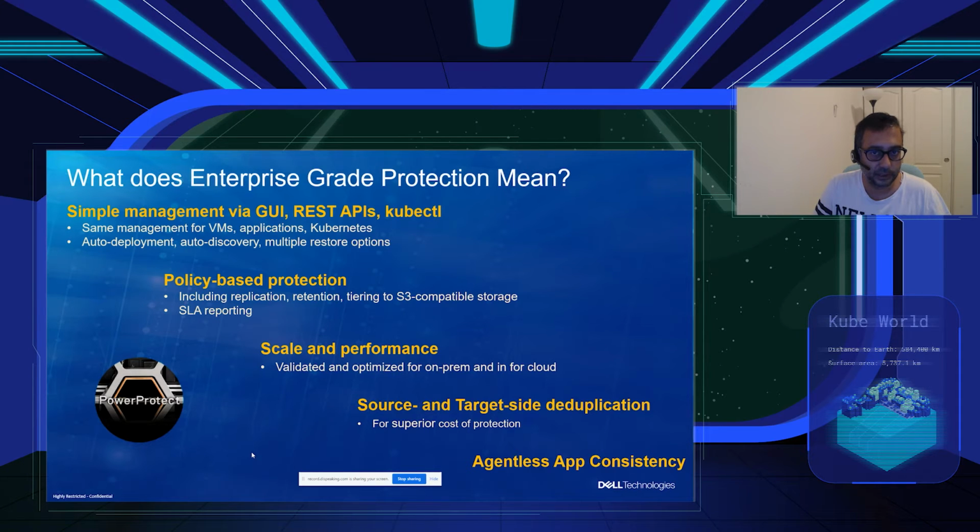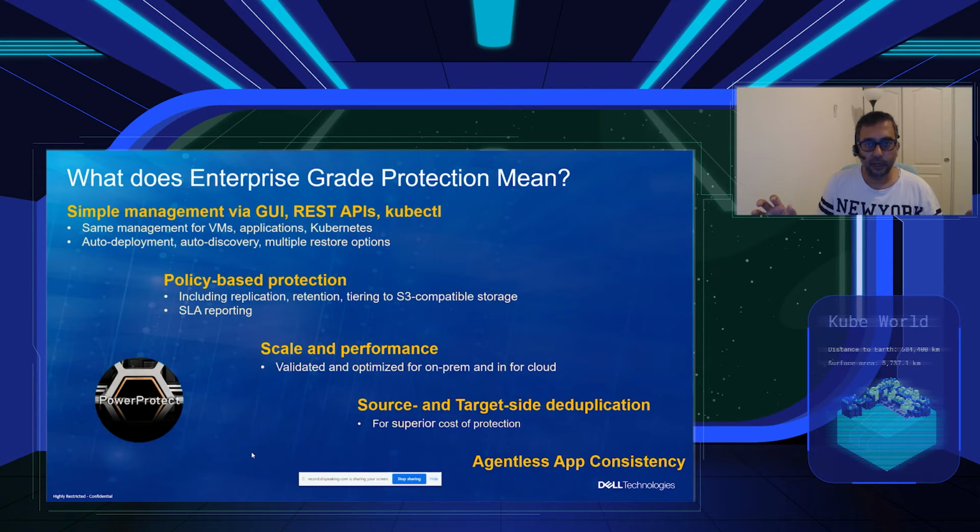Here what I mean is an enterprise grade user interface that can provide a simple dashboard across your virtual machines, your applications, and Kubernetes environments, all of them being protected using a single user interface, a single dashboard to manage your entire suite of applications in the enterprise.